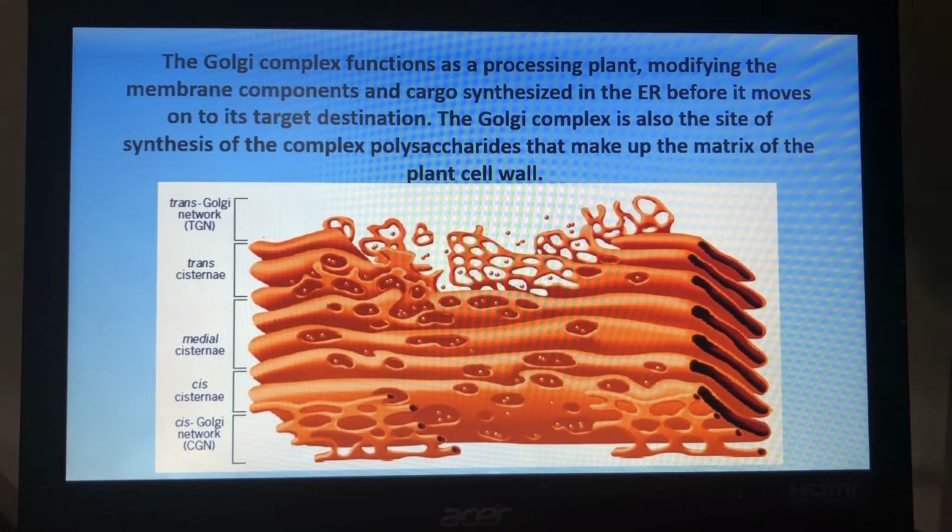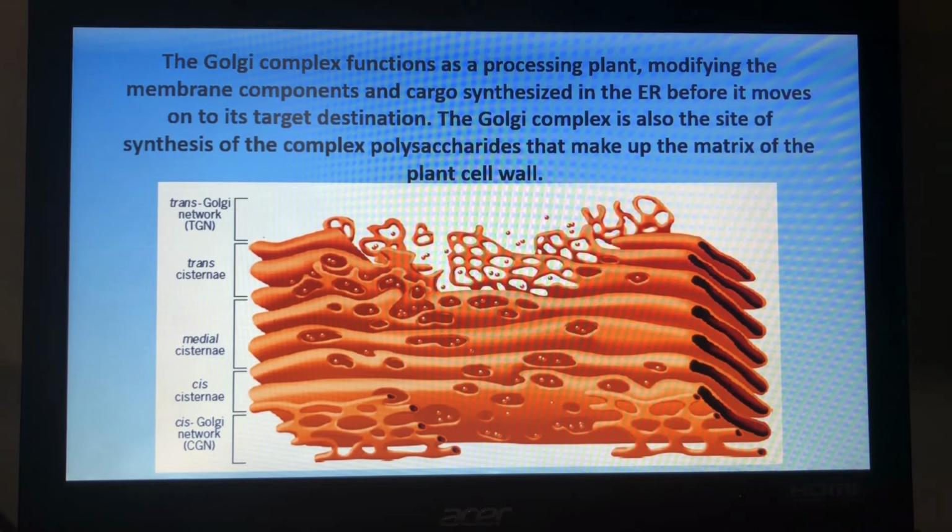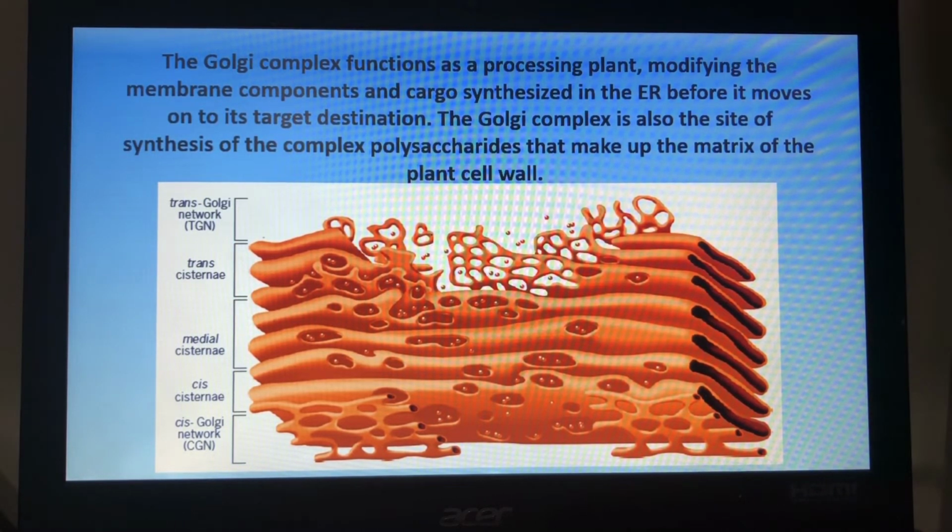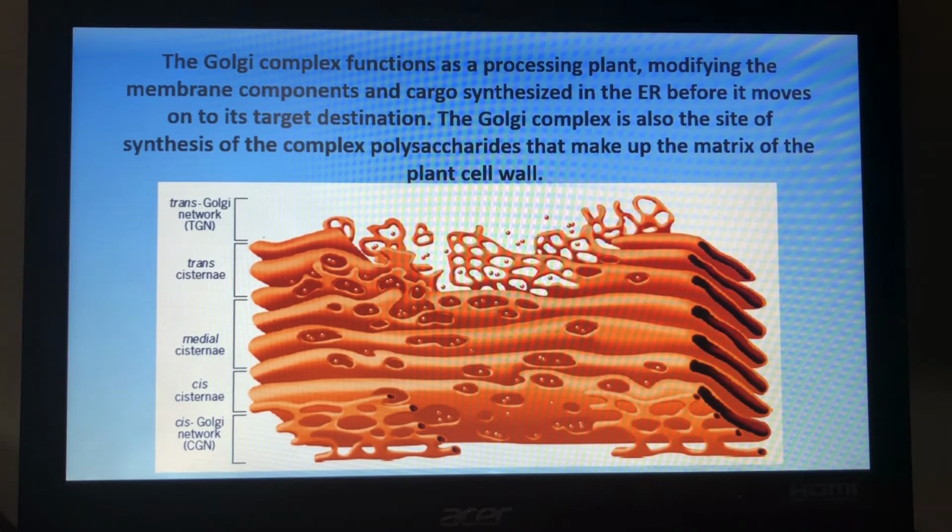Each Golgi complex consists of a stack of flattened, plate-like cisternae with dilated rims and associated vesicles and tubules. Materials enter the stack at the cis face and are modified as they move by vesicle transport toward the opposite, or trans, face.